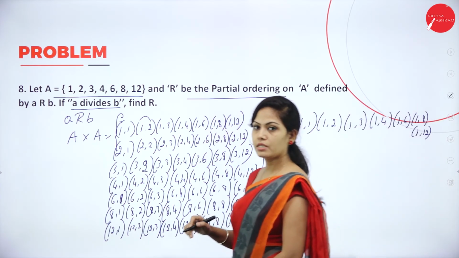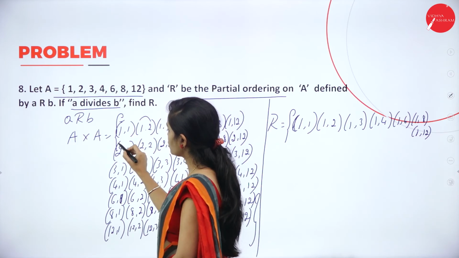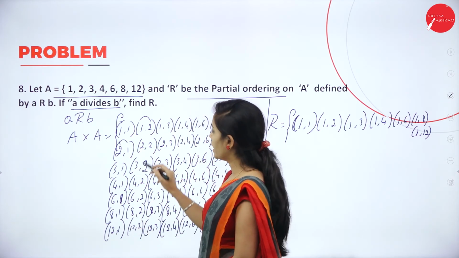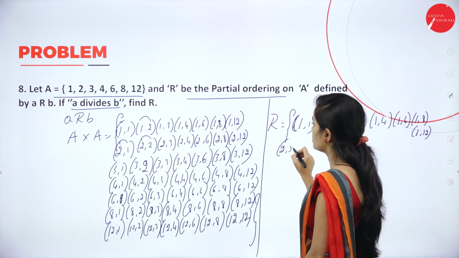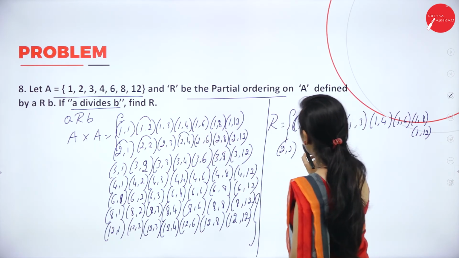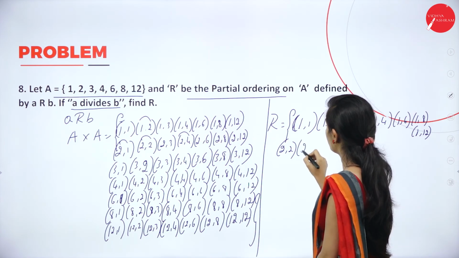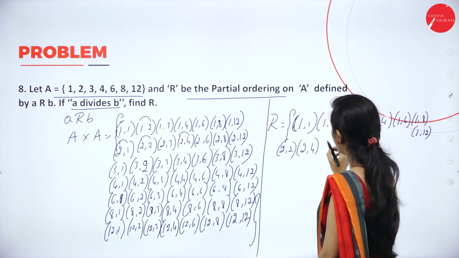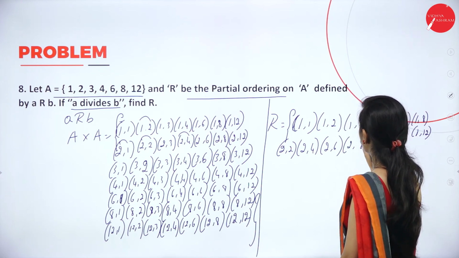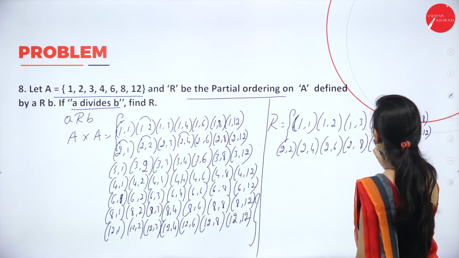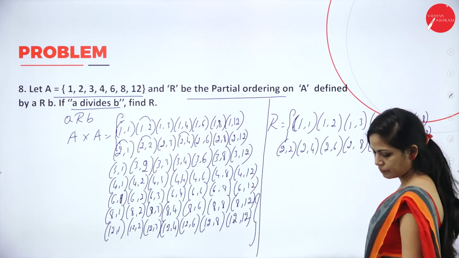And after that, 2 cannot divide 1, so (2,2). 2 divides 4, (2,4), and 2 can divide 6, 2 divides 8, so 2 divides 12.